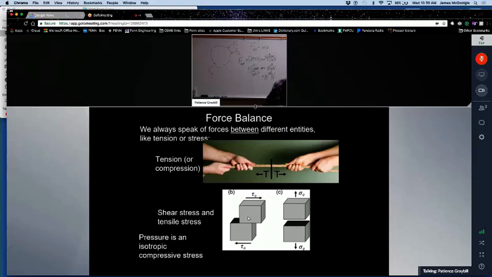They don't want to change their shape. And so that kind of sideways stress is called a shearing stress. Whereas in this situation, where the forces are perpendicular to the surface between the objects, this is called a tensile stress. And if it were pushing in, it would be a compressive stress. So, next slide.